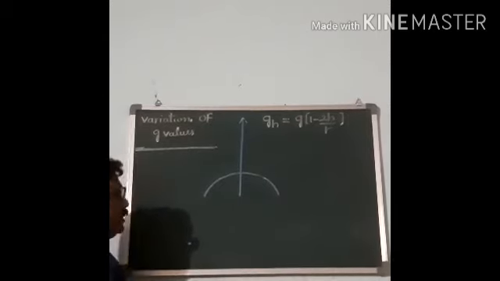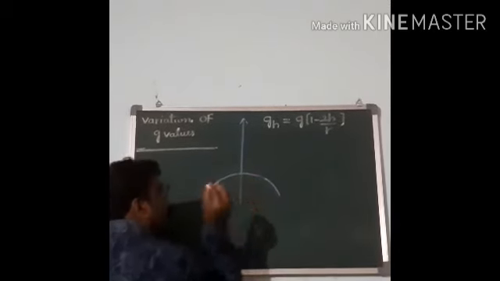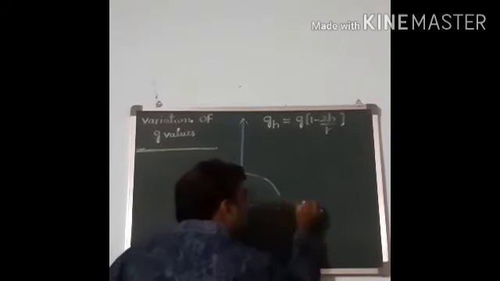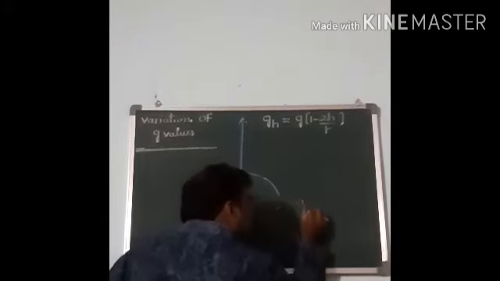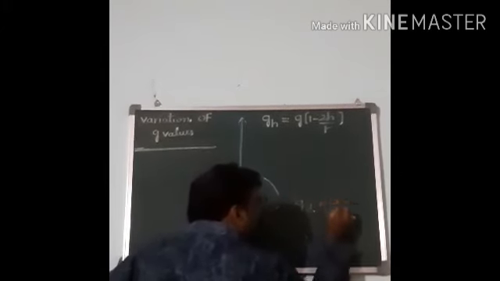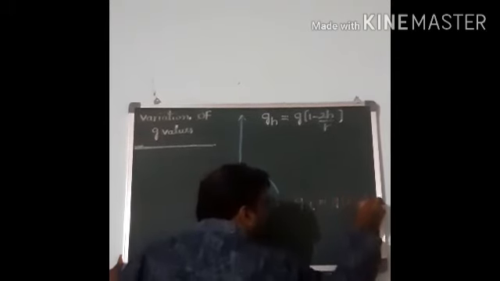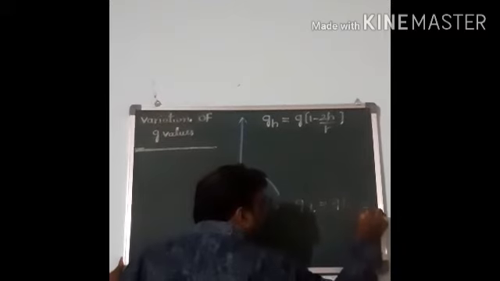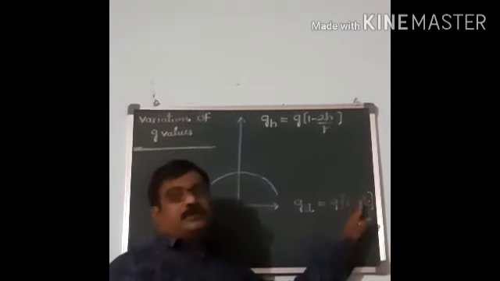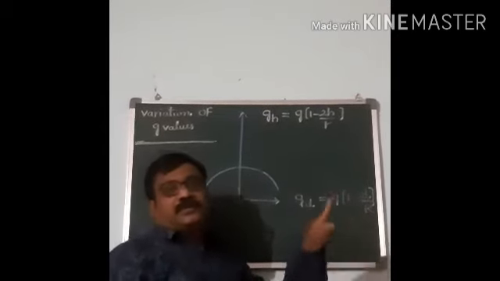Next one is g at depth. The equation is: acceleration due to gravity at depth, gd equal to g into 1 minus d by r. d means the depth reached by the object and r means the radius of earth.